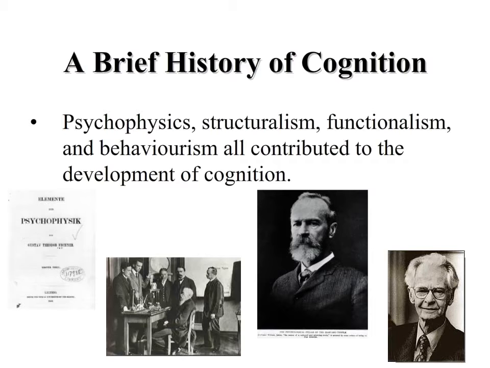Throughout this week's homework assignment, we will be focusing more in depth on the contributions of the psychophysicists, the structuralists, functionalism, and behaviorism. We'll also look at their strengths and weaknesses and where their contributions have been made to cognition. So please look at the homework assignment that is posted on the blog site now.